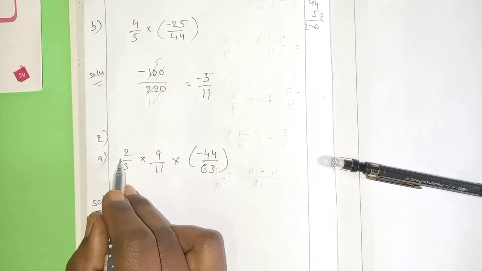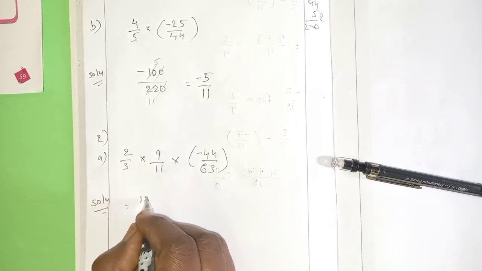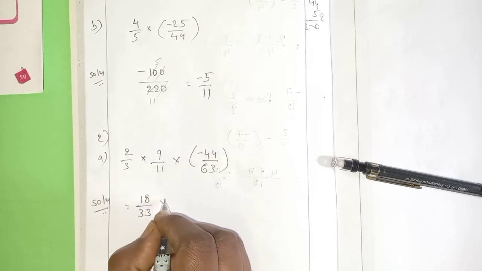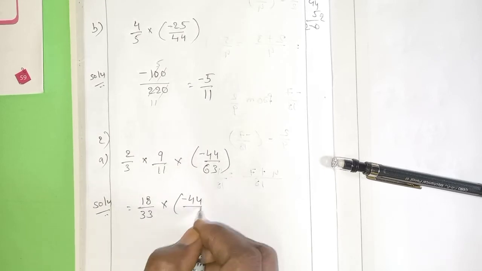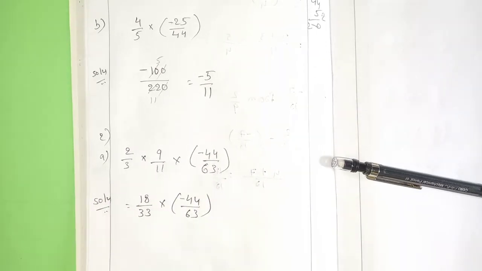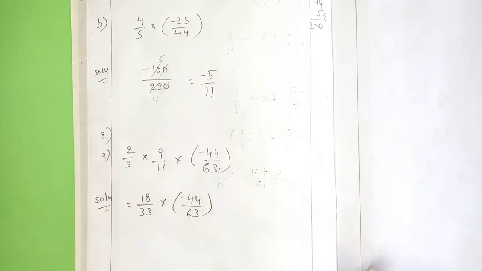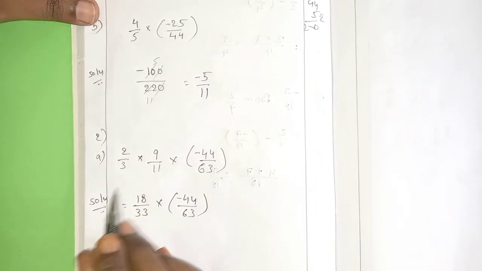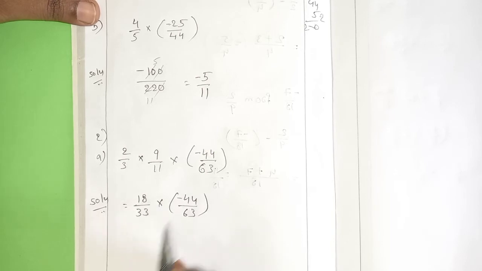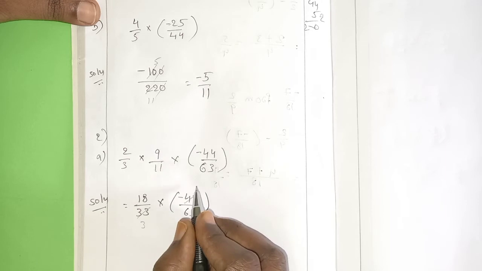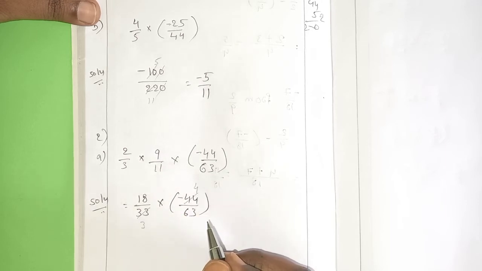First, let us multiply these two. 9 2s are 18, 11 3s are 33, into minus 44 by 63. So, here it is a very big calculation. In this type of situation, you can cancel here itself. Don't multiply 18 and 44. 11 3s are 33, 11 4s are 44.